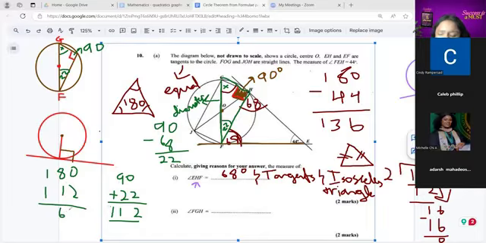So that will give us 68 degrees. So this angle that they wanted is 68.